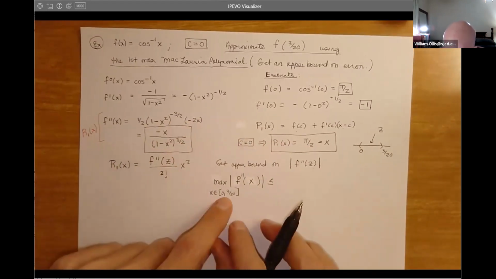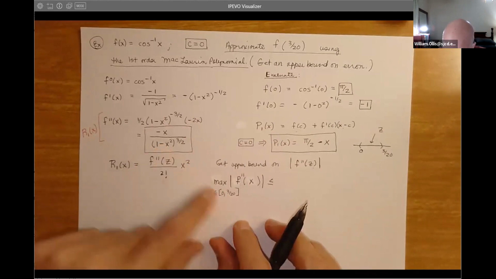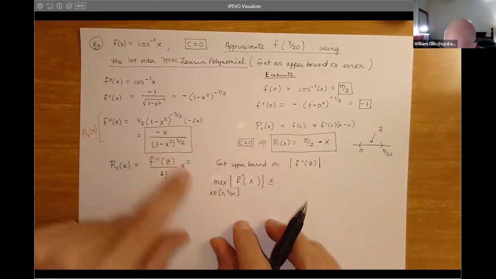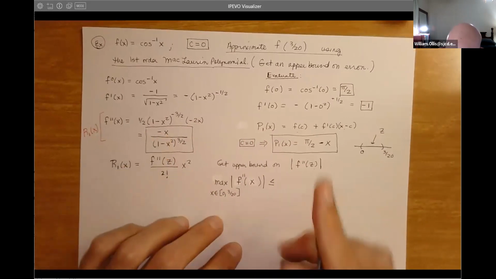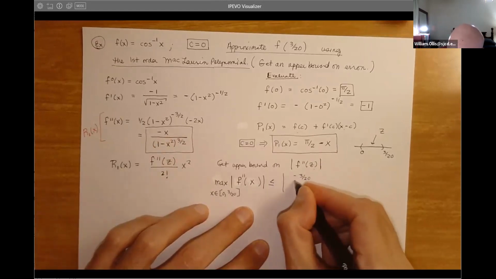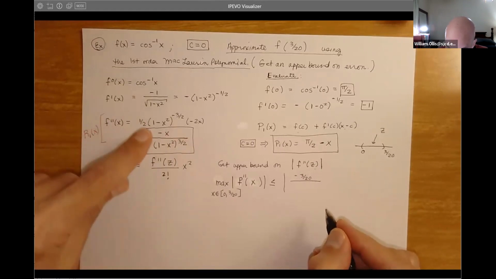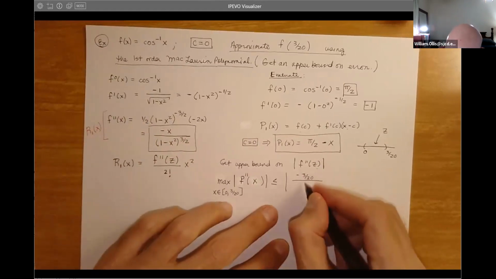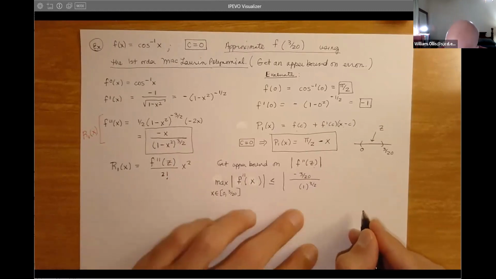So now when we look at this and we take X, we're seeing that on this interval, this will be largest when we make the denominator the smallest. So we evaluate at 0, and then of course we want to make the numerator as large as we can. So we evaluate at -3/20. So this will say, using this, 3/20 negative, and then downstairs we want to make that as big as we can. So we make the fraction as big as we can. We make the denominator as small as we can. So that'll just be evaluation at 0. So this is kind of like common sense upper bounds.